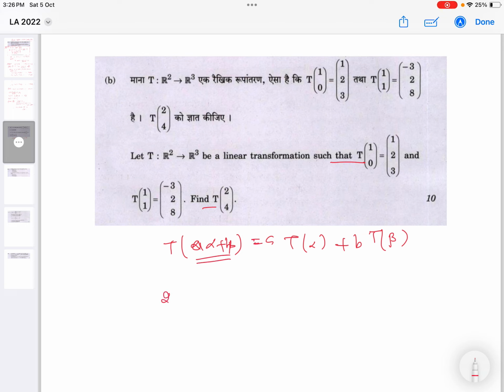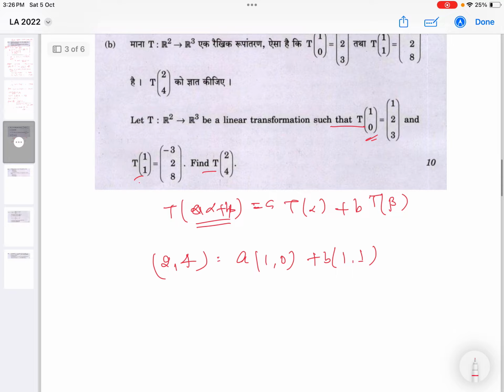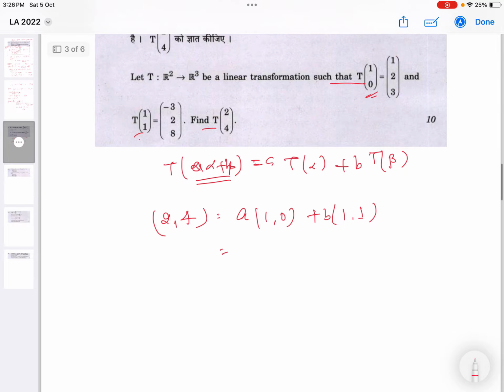So we can write (2,4) as A times (1,0) plus B times (1,1). So if you notice, A plus B is 2, 0A plus B is 4, तो B is equals to 4 और A is equals to -2.